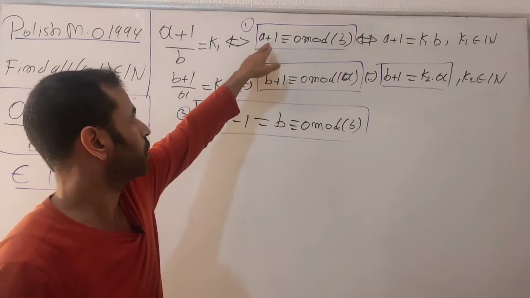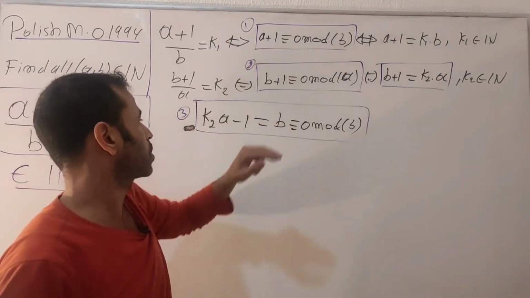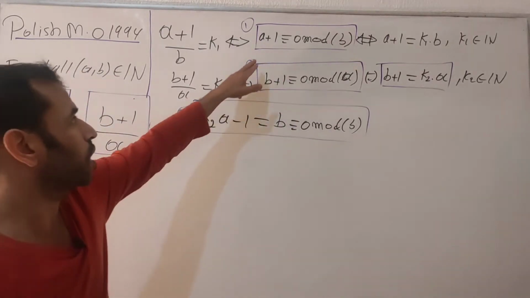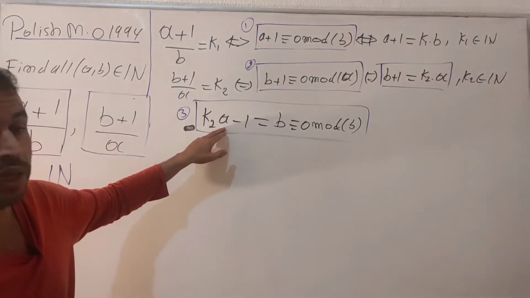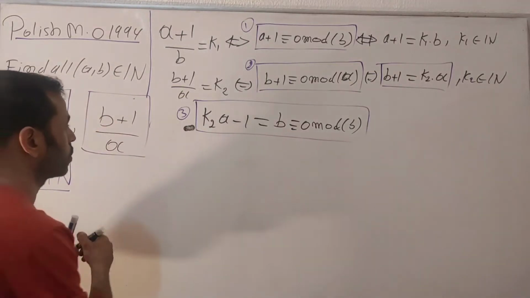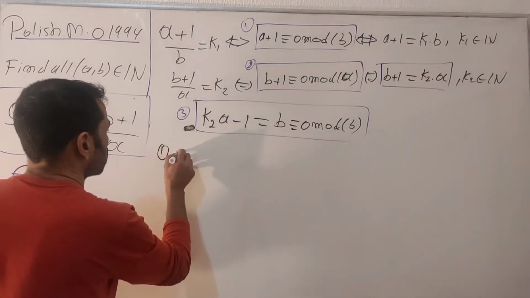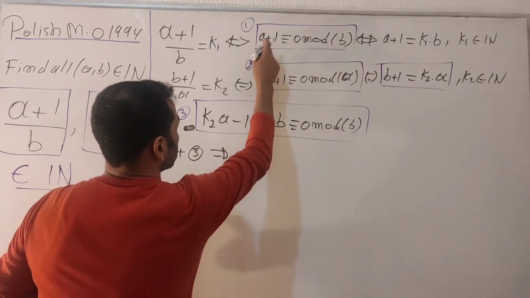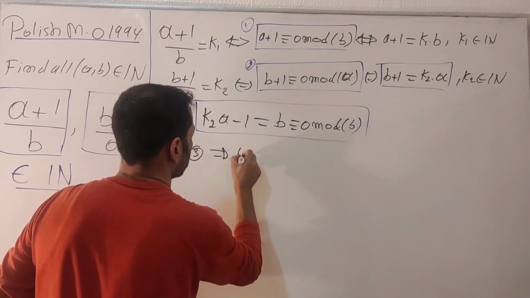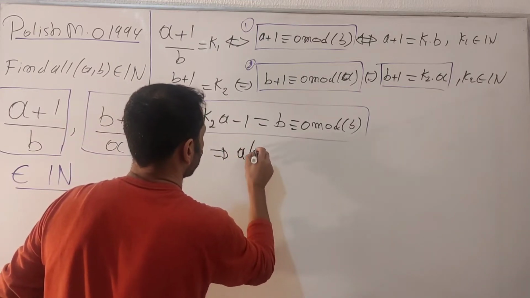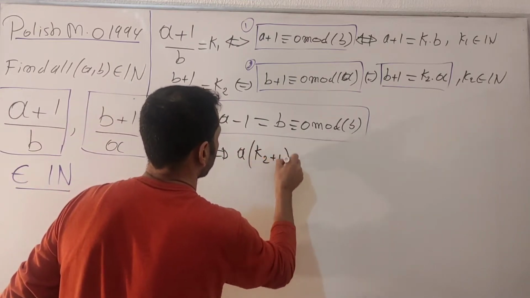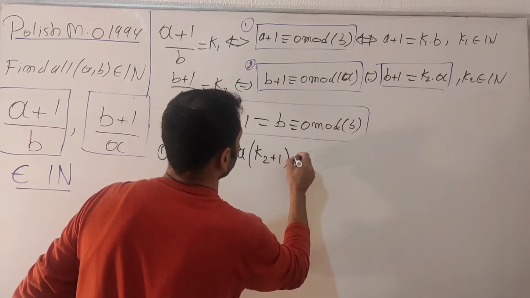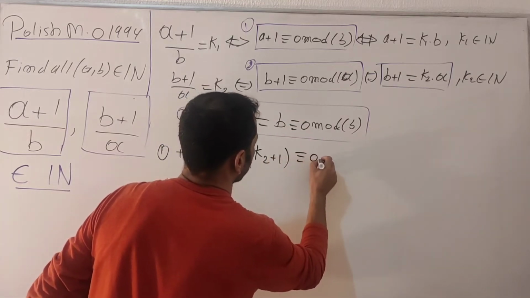If I add this one to this one, the 1 cancels out, and a can be taken as a common factor. So by adding 1 plus 3, a is factored out. I get a multiplied by k2 plus 1, which is congruent to 0 mod b.